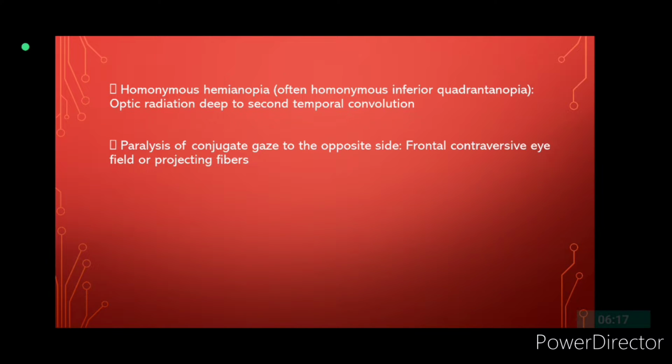Homonymous inferior quadrant anopia, optic radiation deep to second temporal convolution. Paralysis of conjugate gaze to the opposite side. Frontal contraversive eye field or projecting fibers.